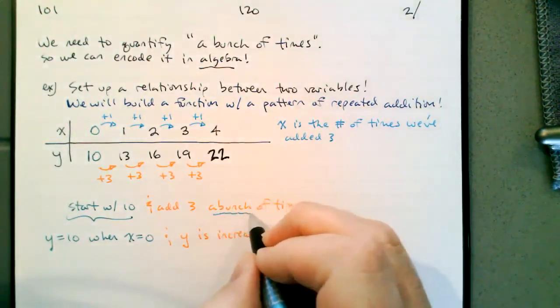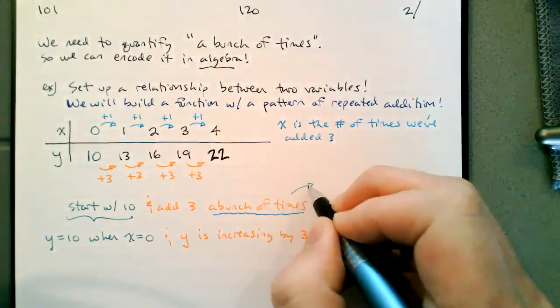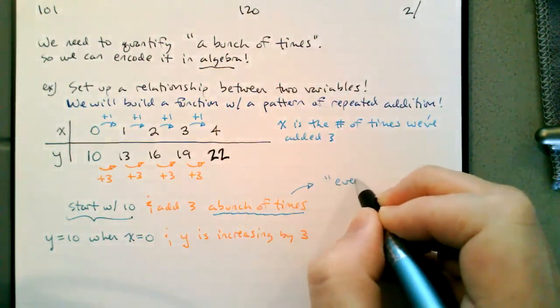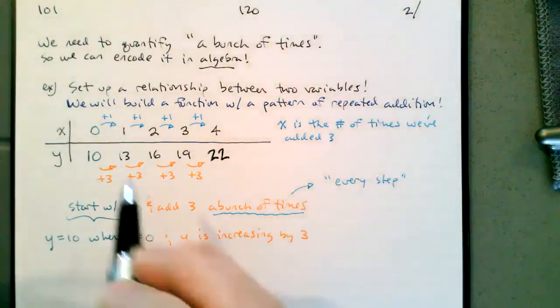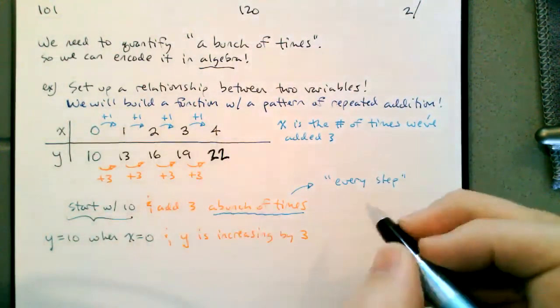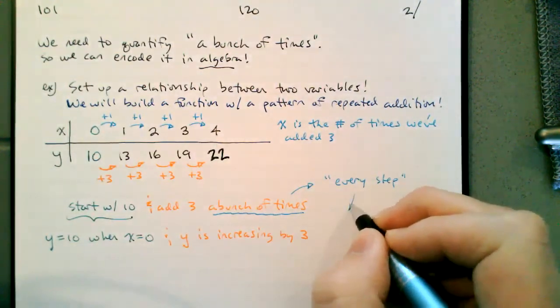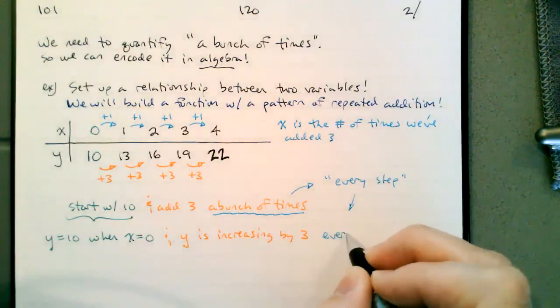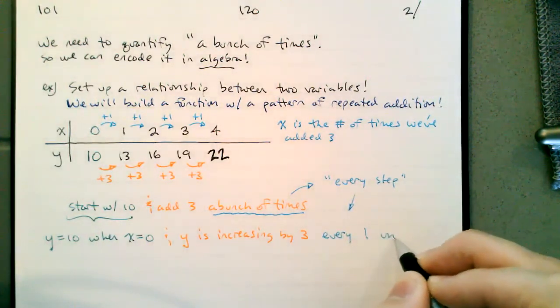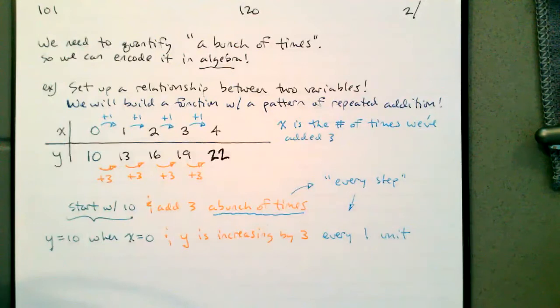So we're going to rephrase a bunch of times as every step. And then we're going to notice that every step is 1 unit long. And so we're going to say y is increasing by 3 every 1 unit, because each step is 1 unit long.